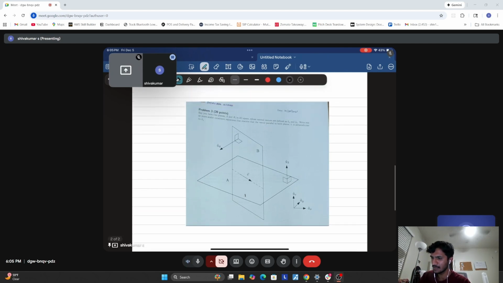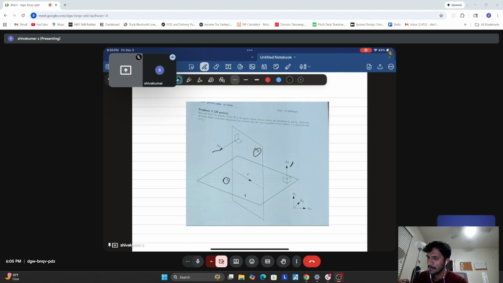Here we can see two planes, plane A and plane B, and they are defined by two normal vectors, u3 and u4, which are perpendicular to the planes.